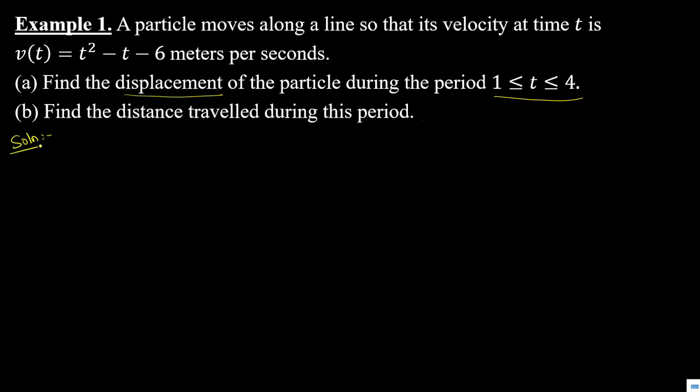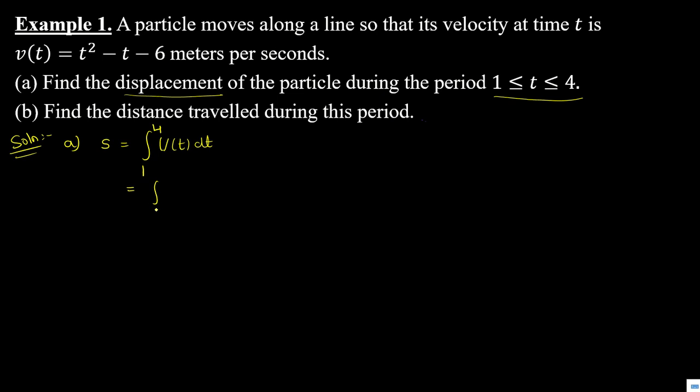We'll start with finding the displacement. We know that s is equal to the integral of v of t dt, and since the time interval is from 1 to 4, we are going to find the integral from 1 to 4.